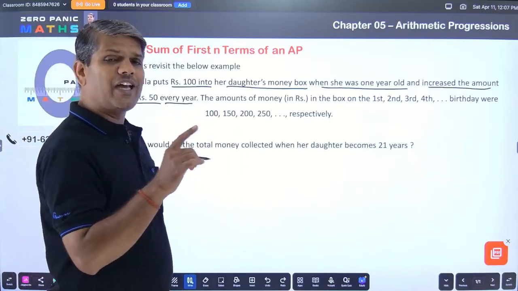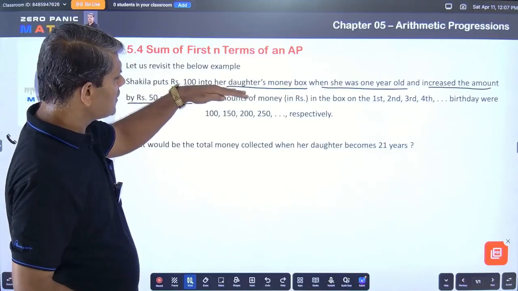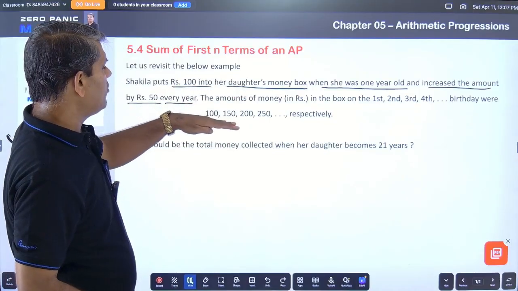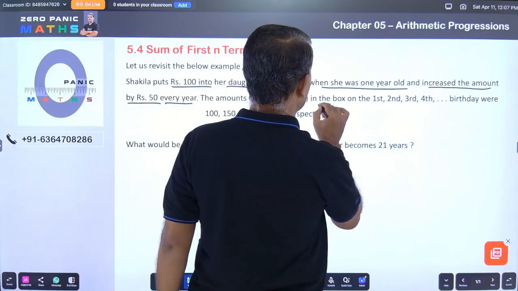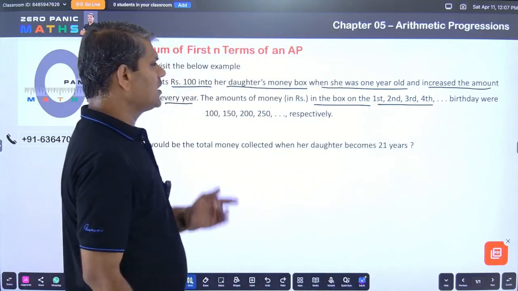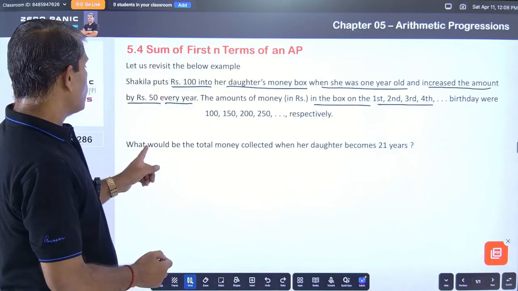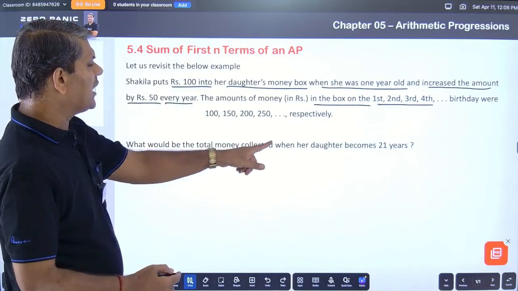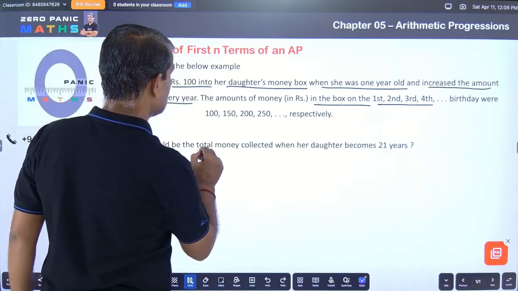In the beginning of this chapter we saw that this real life problem can be represented as an arithmetic progression like this. In the box, the money for the first, second, third and fourth birthdays were respectively like this. What would be the total money collected when her daughter becomes 21 years? How do you calculate the total money?